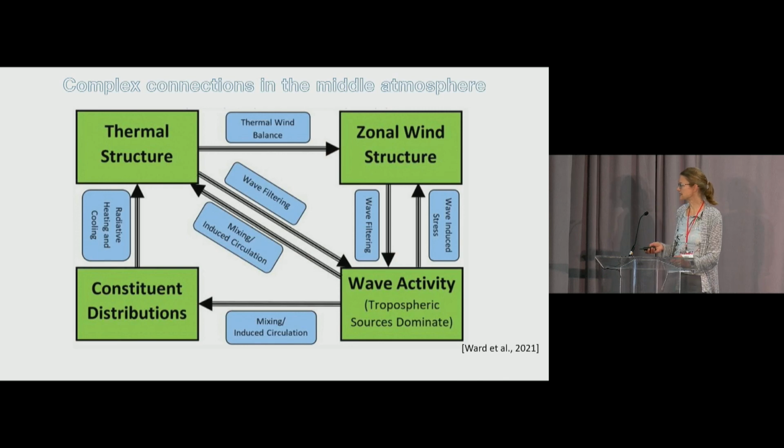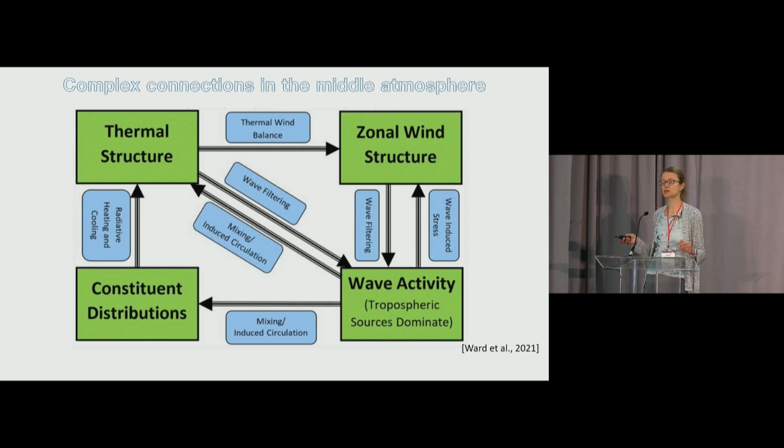I like this schematic here from William Ward and colleagues, highlighting that it's a very complex connection. So you have the energetics here. If you have, for example, some heating, this will influence the wind. When you influence the wind, this will change the background condition and the waves which propagate through it.